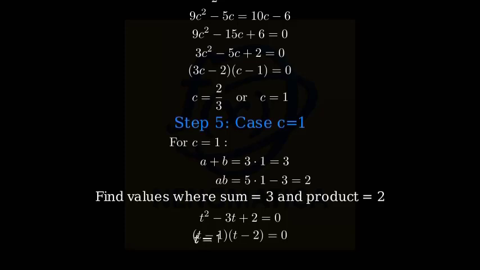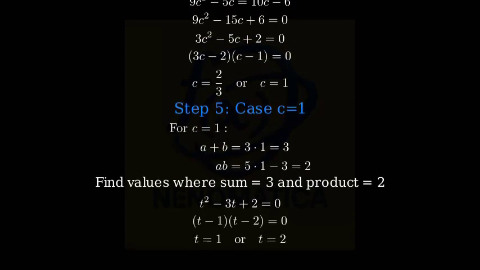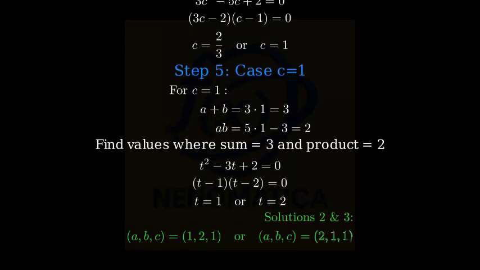This factors as t minus 1 times t minus 2 equals 0. So t equals 1 or t equals 2. Therefore, either a equals 1 and b equals 2, or a equals 2 and b equals 1. This gives us two more solutions: a equals 1, b equals 2, c equals 1, or a equals 2, b equals 1, c equals 1.